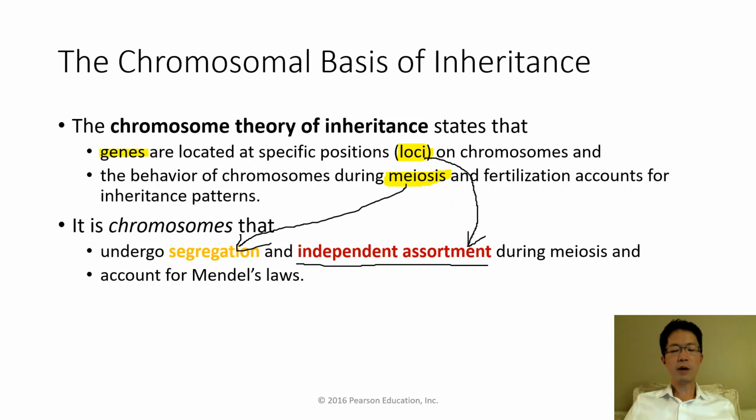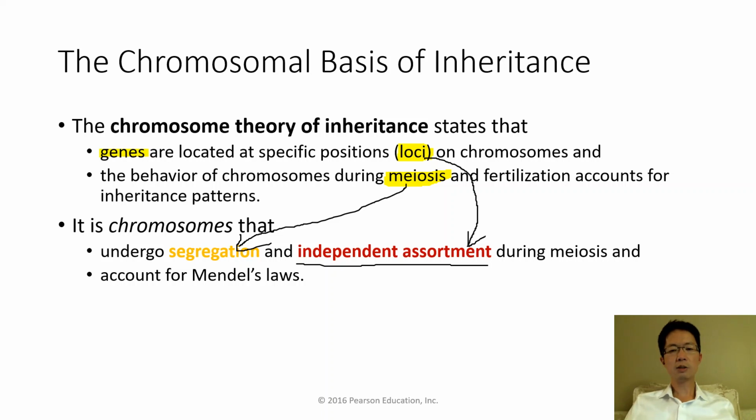Remember Mendel's law of segregation and Mendel's law of independent assortment. We'll take a look at this. What I mean by meiosis causes segregation, if you remember our cell division lecture, you should understand why. But what about the loci causing independent assortment?